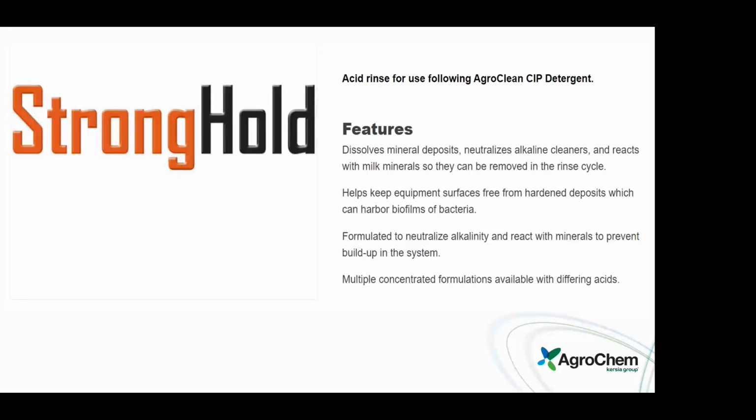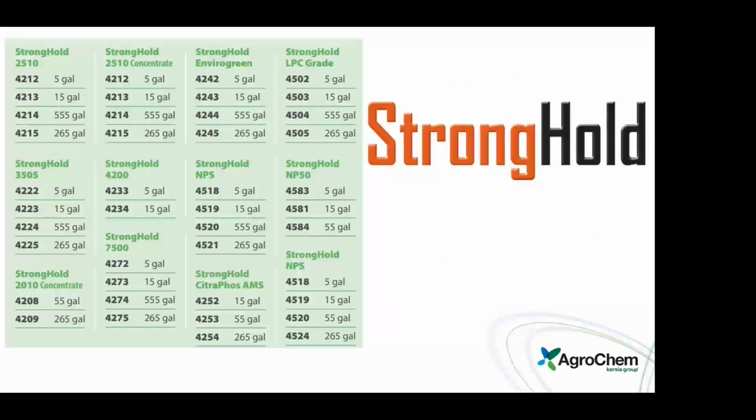This year with 2022 having seen some significant increases on traditional acids that we've used for a number of years, we are seeing a lot of changes of people using different variations of acids. Traditionally, our most popular acids have been our Stronghold 2510, 3505, and 4200.